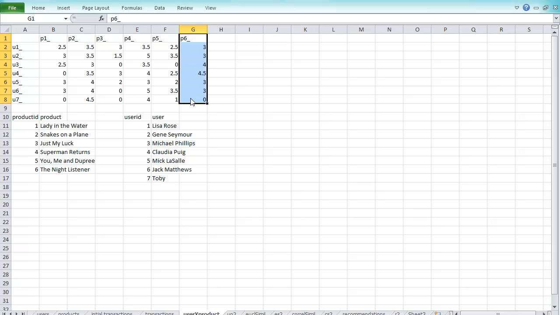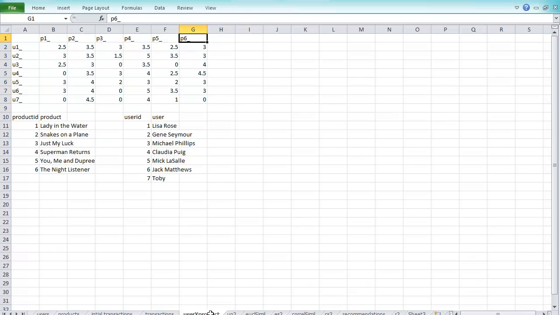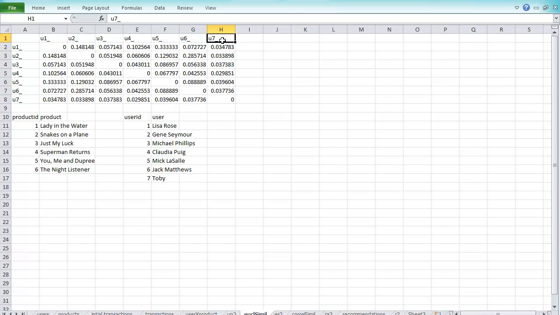So these are the ratings it has gotten. Now we want to take all of these into account. And now we go to the Euclidean similarities table and take all the similarities to reviewers from here. This is the 7th column. In the user product table, it was the 6th column because it was the Night Listener we were rating. And in Euclidean similarities, it's the 7th column because it's the Toby similarities that we're doing.